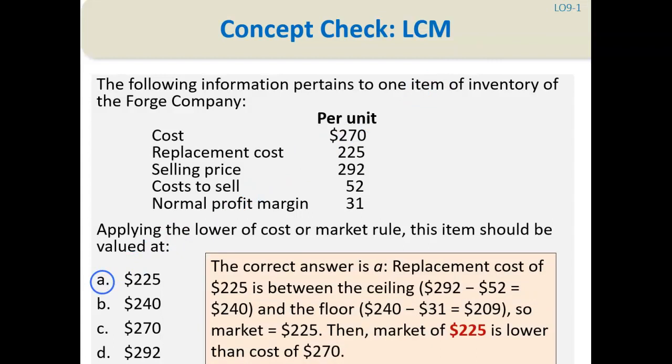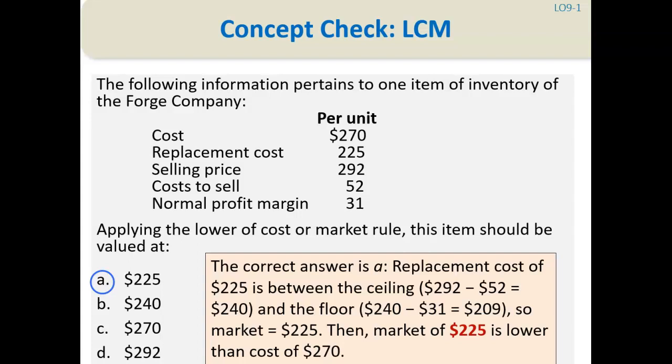The correct answer is A. The replacement cost of $225 is between the $240 ceiling, which is the $292 selling price minus cost to sell of $52, and the floor, which takes the $240 ceiling and subtracts the normal profit margin of $31.